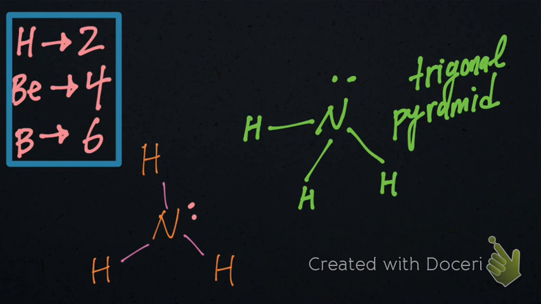Remember the CH4 was 109.5? It had 4 H's, it's 109.5. But one of the H's now is replaced with a lone pair, and it's going to squeeze it all down by 2.5. So what's the bond angle? 107.